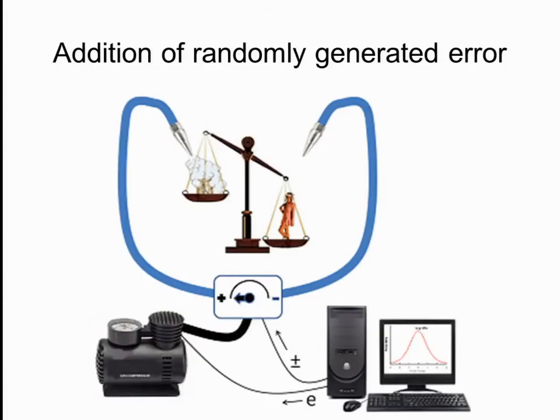Okay, so how do we add that to our balance scale model? Well, we need a random error generator. So we'll just put air puffs on the pans that are generated by a complex system that has a computer that controls how much force is going onto the platform and which of the two pans is getting the blast of air. As you can see in the computer display, it's a normal distribution we're choosing from.